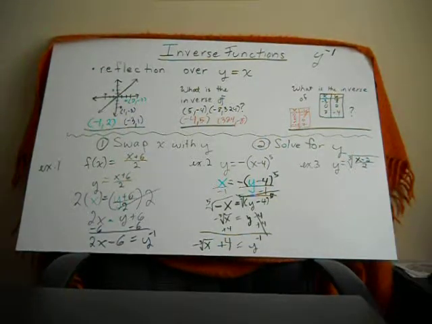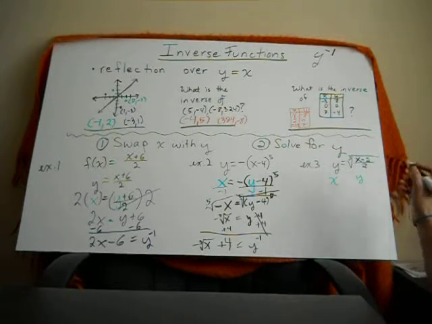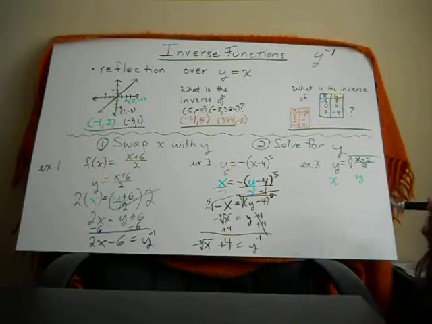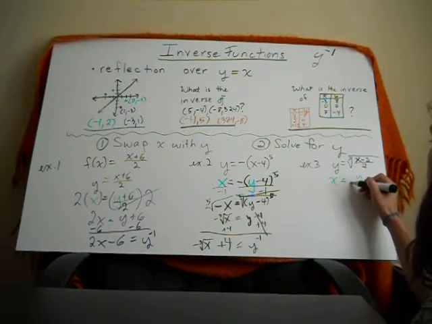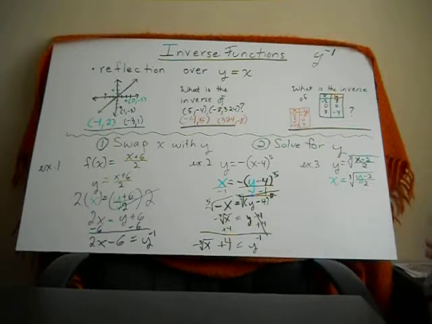Okay, one more to go. Our first step is to swap x and y. So this becomes an x, and up there underneath all that mess is a y. So x is equal to the cubed root of y minus 2 over 2.